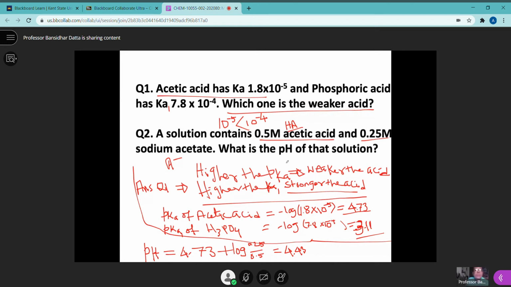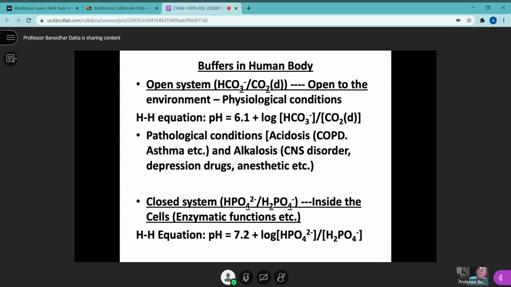If not, let's go to the next one. Applications of the buffers. Those are the most important, juicy ones, right? We must know the buffers in our body, the human body. We have three buffer systems in our body. One is called the open system, that has bicarbonate, HCO3 minus, and dissolved carbon dioxide.